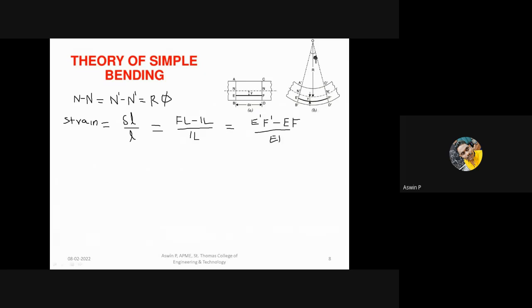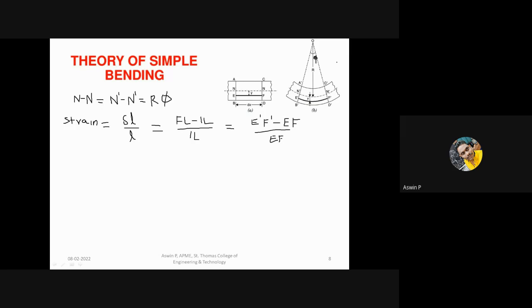You can take your notebook and compare the relation, because in the notebook the terms are slightly different. So when you are writing, better you study based on your notebook. So this will be our relation.